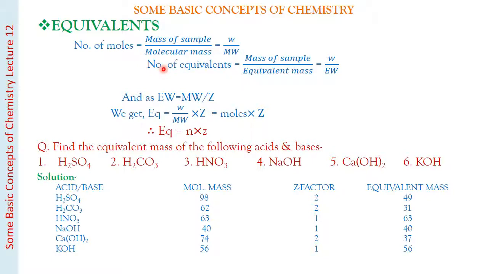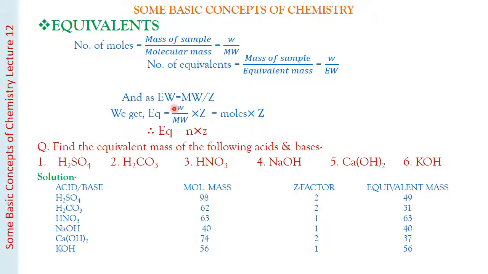And similarly, number of equivalents would be mass of the sample divided by equivalent mass, small w divided by the EW. And as EW, the equivalent mass, is equal to molecular mass divided by the Z factor, we get the number of equivalents, denoted by EQ, as W, the mass of the sample, divided by the molecular mass into the Z factor.